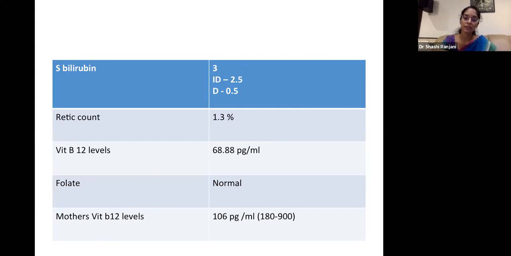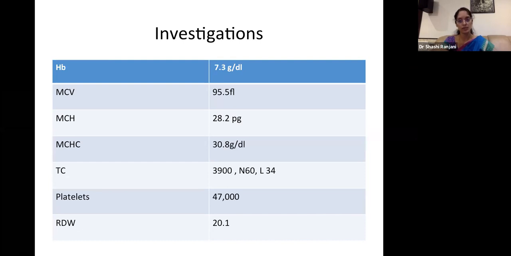And we did the mother's vitamin B12 as well, and she was also vitamin B12 deficient. So the point I want to stress here is that any anemia which comes with MCV on the higher side, even if the other cell lines are involved, vitamin B12 has to be thought of, because vitamin B12 can suppress all 3 cell lines.